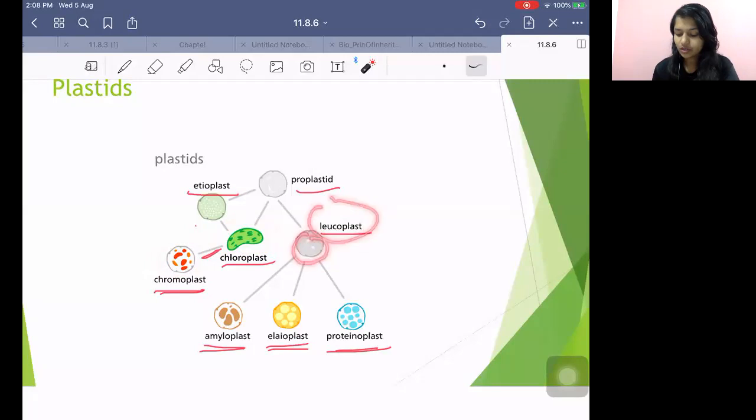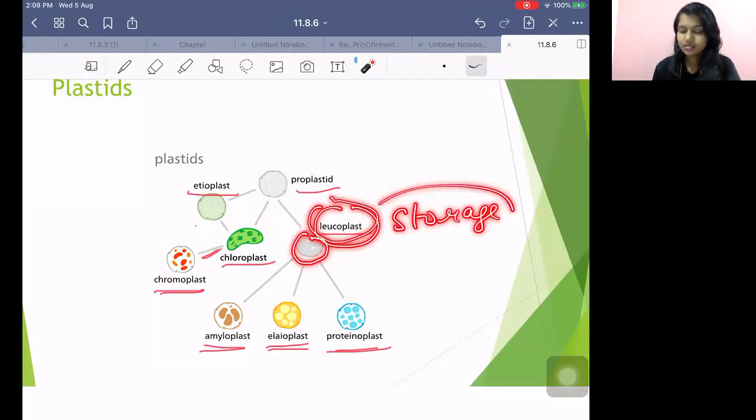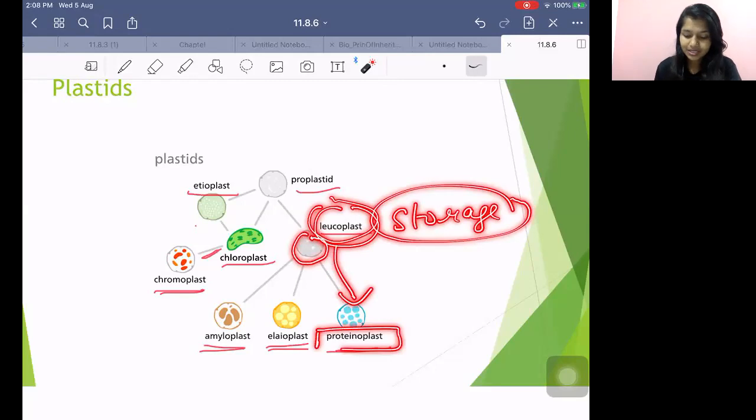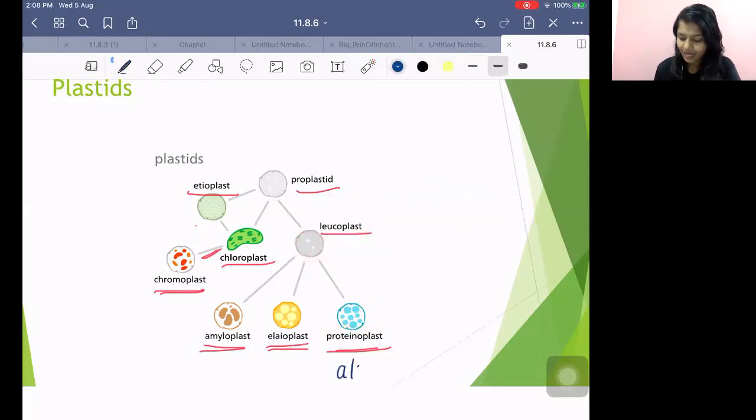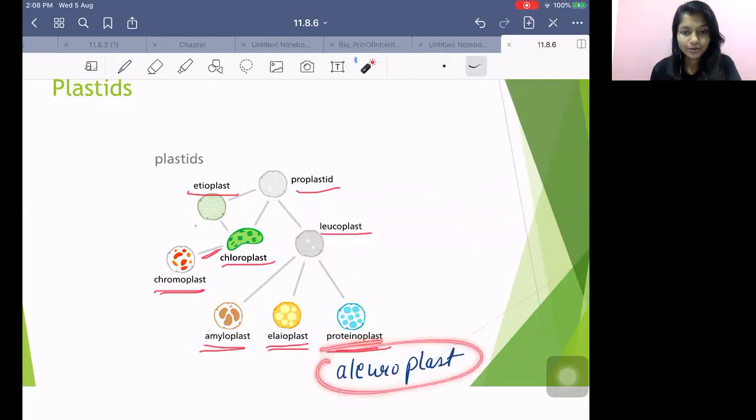What is the function of leucoplast? Storage. If it is storing protein, you will call it proteinoplast or aleuroplast.